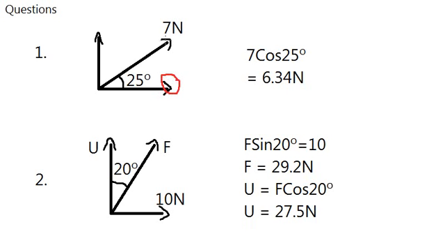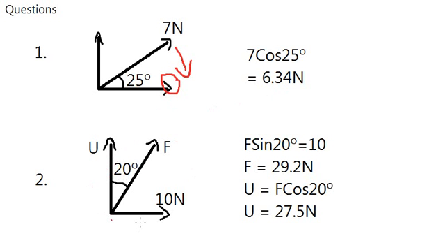So what you do is you go from top down and you crush the angle, so you are using cosine, so it's 7 cosine 25, which on your calculator is 6.34 to 3 significant figures.